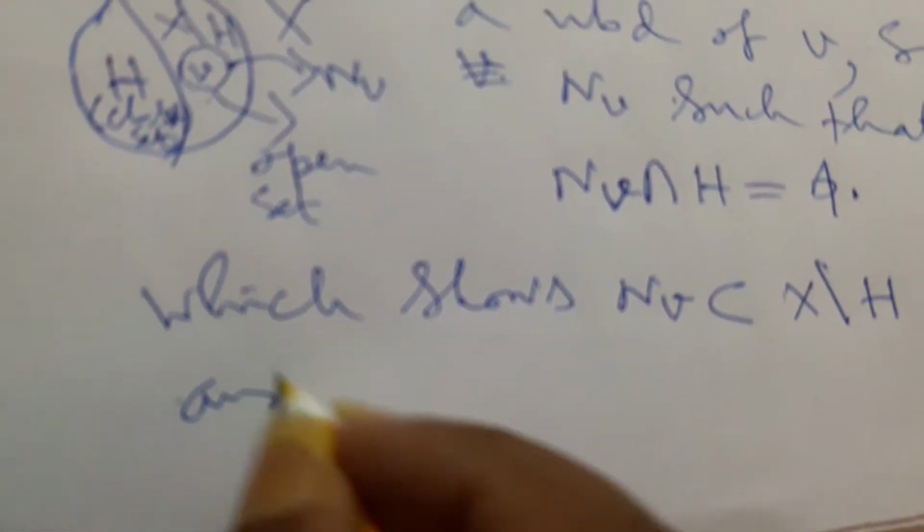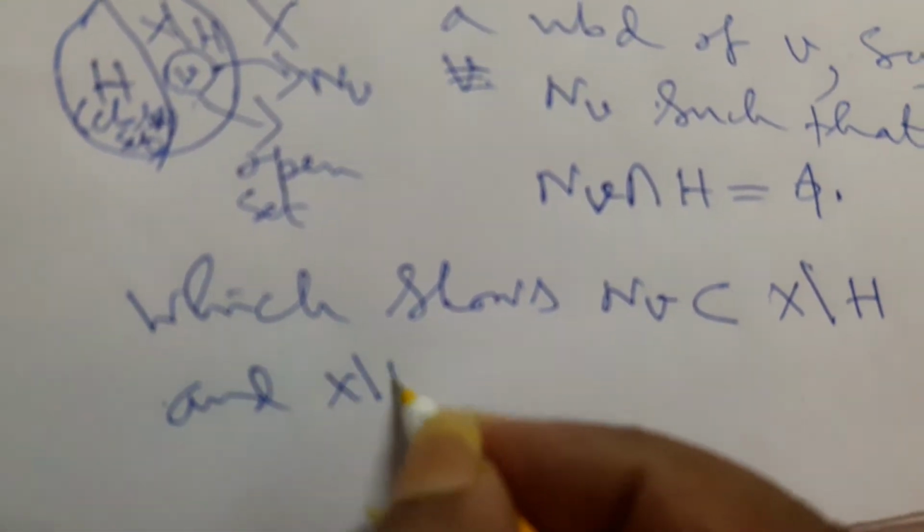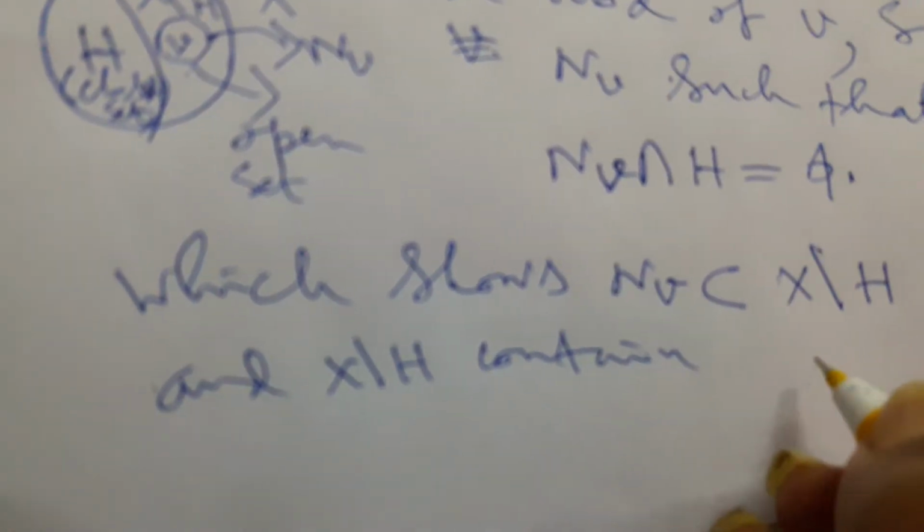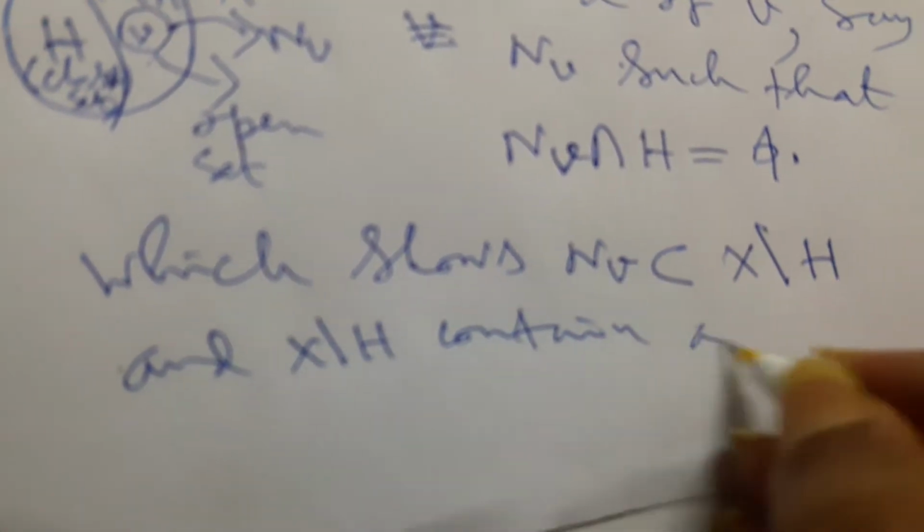And this X minus H contains a neighborhood of V. It is also clear.